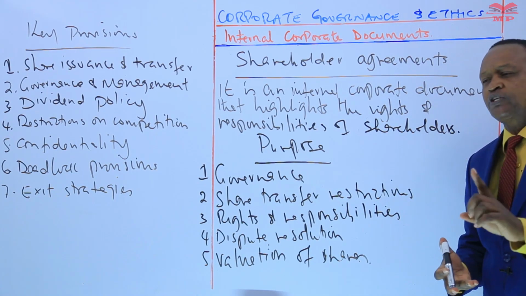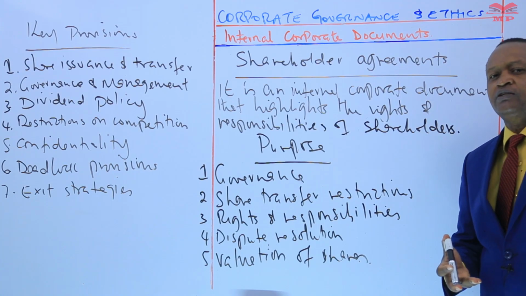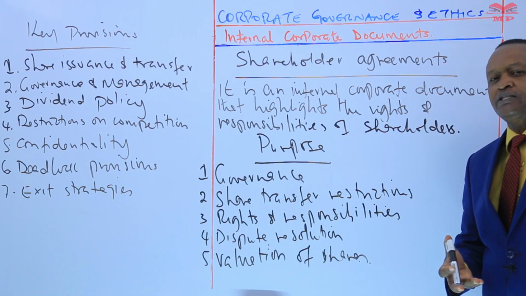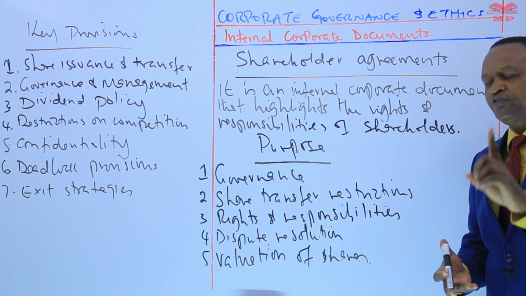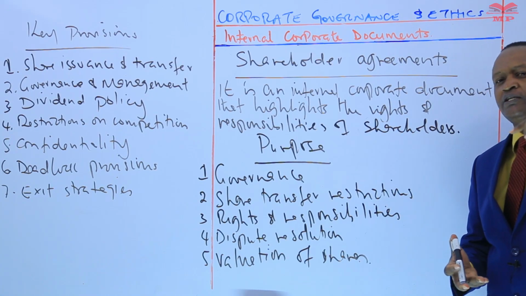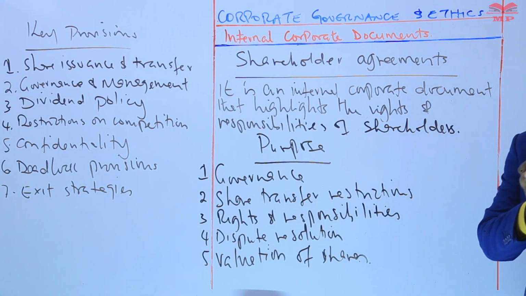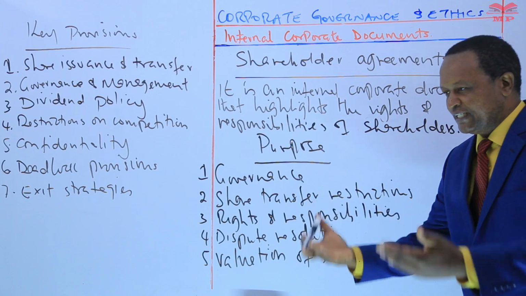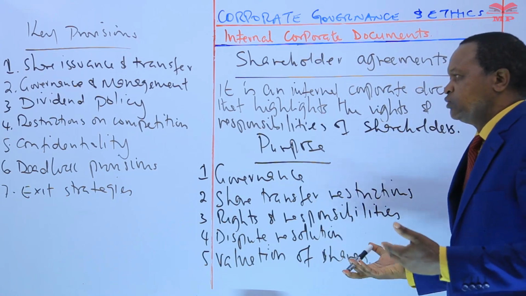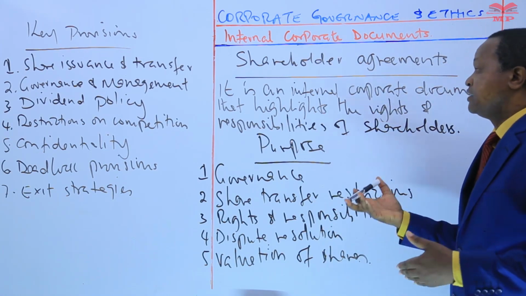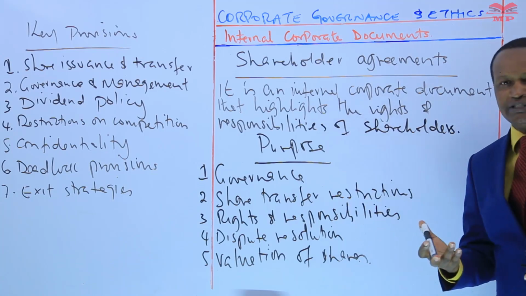They are private contracts between the shareholders of a company, and they are not required to be filed with the registrar of companies, but they are legally binding between the parties who sign these contracts or agreements.